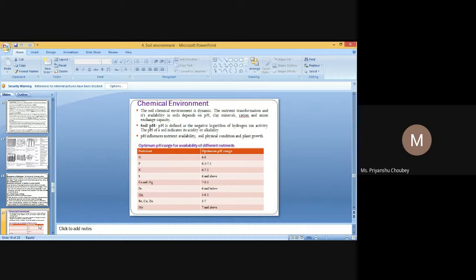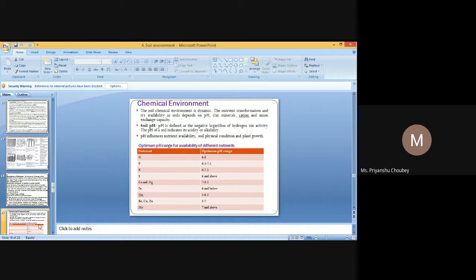Optimum pH means for availability of different nutrients. For nitrogen availability in soil, the pH is 6 to 8. For phosphorus availability, the optimum pH range is 6.5 to 7.5.